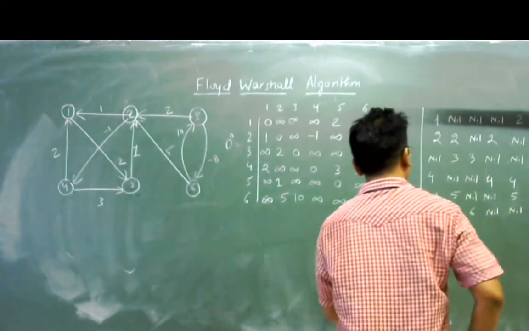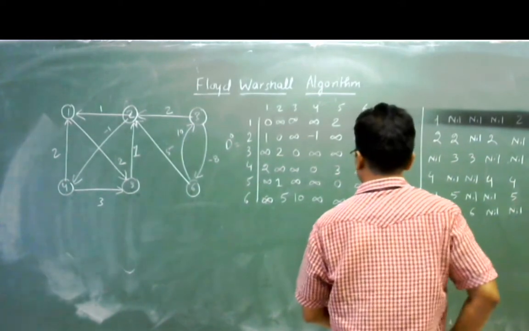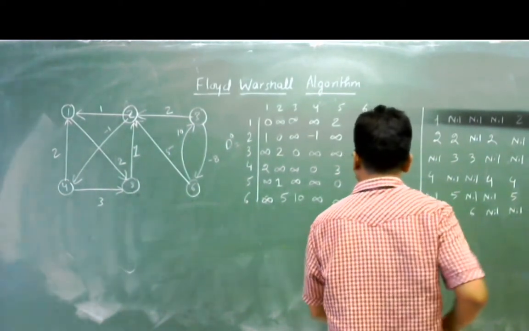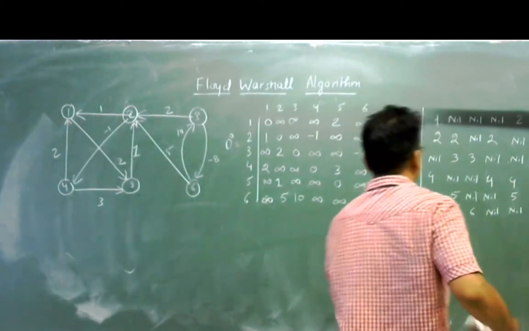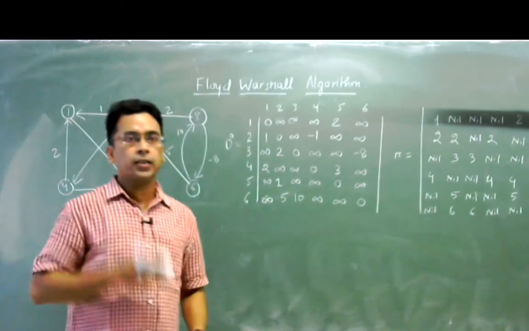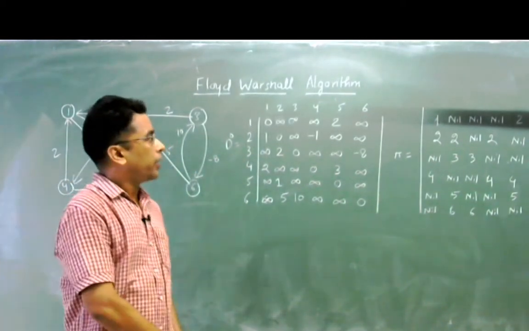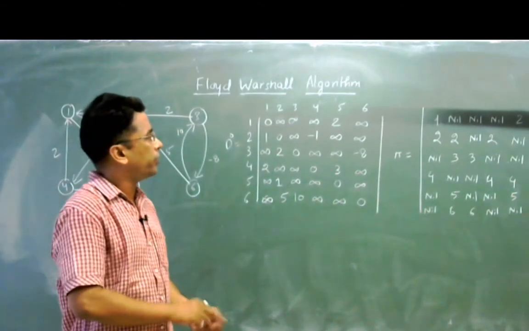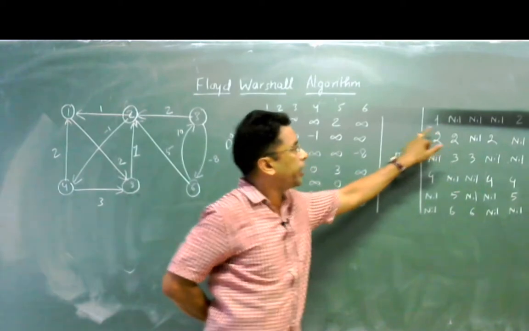So here one point you should understand: the non-nil entries in the pi matrix are the vertex through which the modification has been done. Here I have marked that these updates were done by this node.